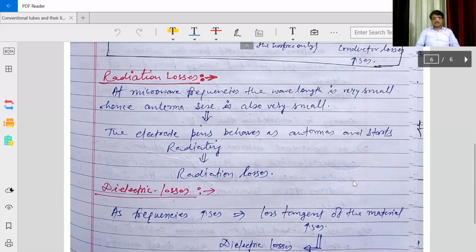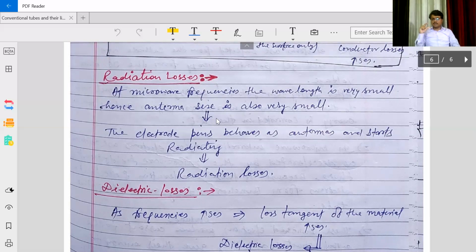So what is radiation loss? At microwave frequencies, the wavelength is very, very small, and so the antenna will have a very small size. At microwave frequencies, antenna size will be very, very small.